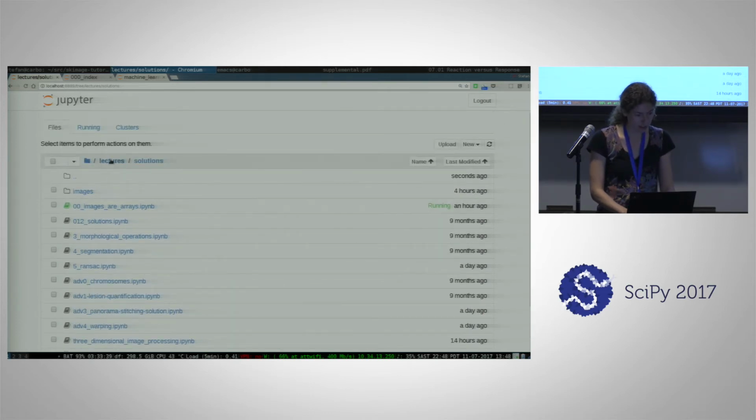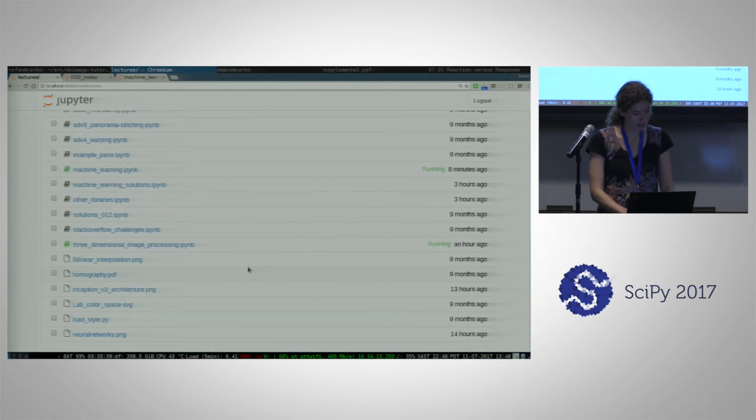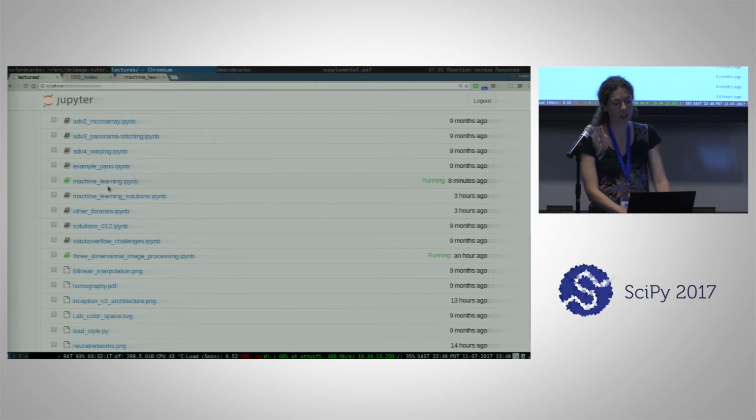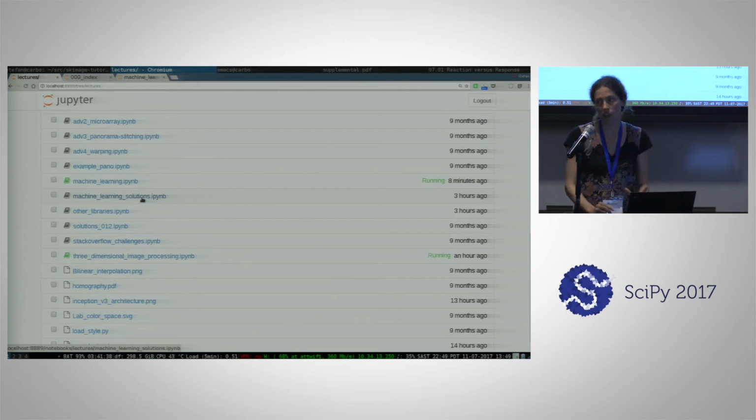Oh no, it's lectures. There is a machine learning IPython notebook, Jupyter notebook, and there's a machine learning solutions one, which actually I should move to the solutions directory. In the solutions, there are the solutions to 4 small exercises that we will cover during the tutorial.